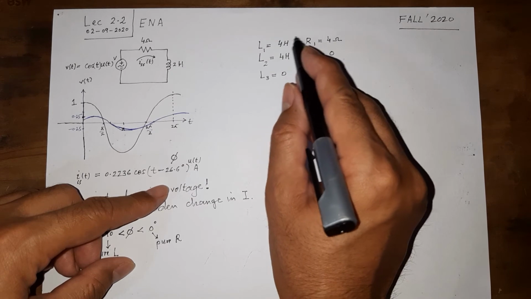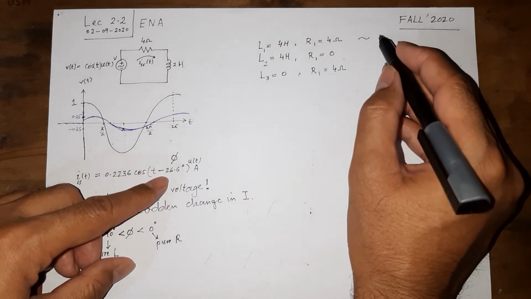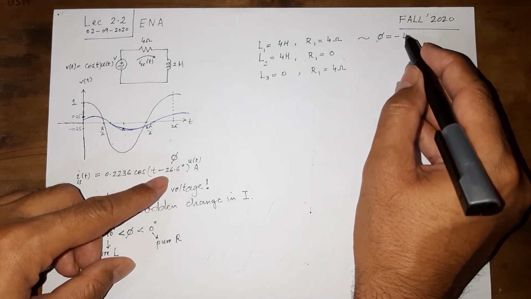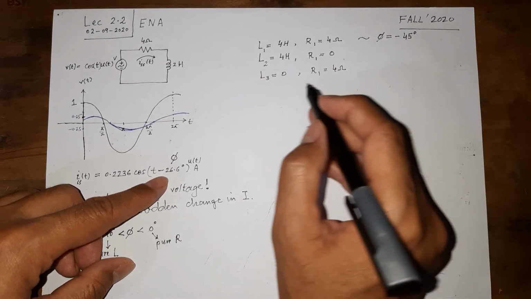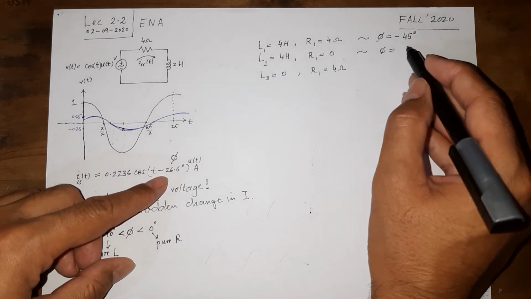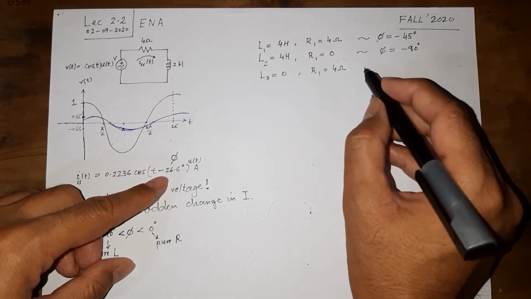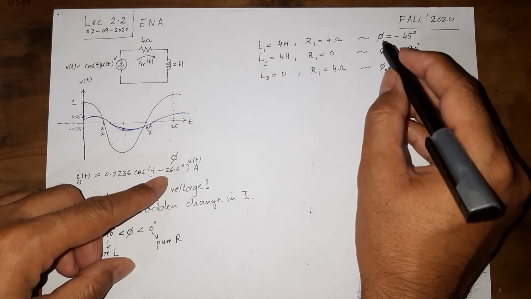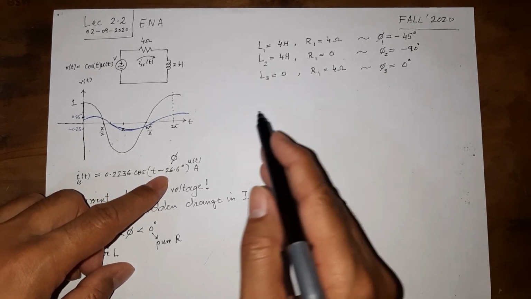Based on these values, I can predict that this angle phi, if you solve it, is going to be minus 45 degrees. And for this, obviously, phi is going to be minus 90 degrees. And for this, 0 degrees. So solve it for yourself.